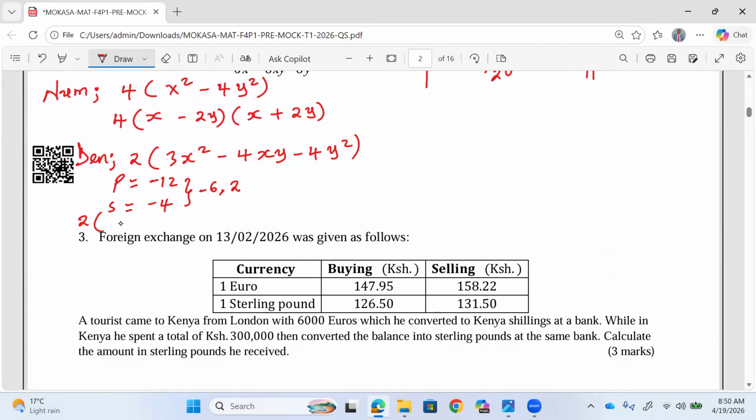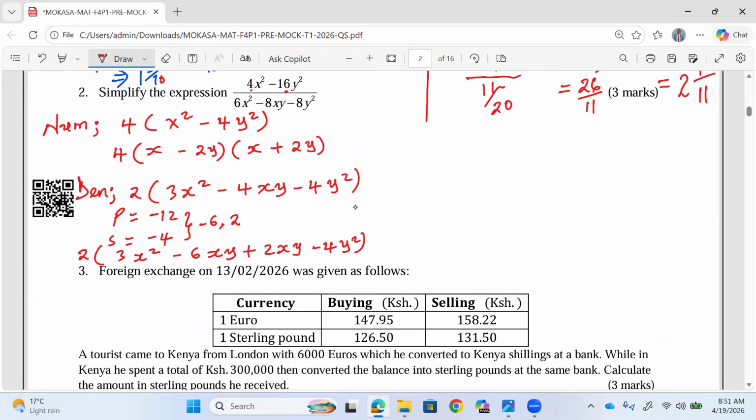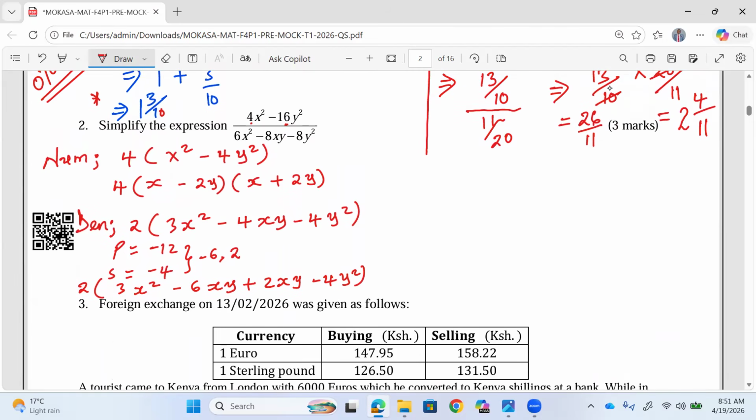Remember, we are having a 2 here. So we shall have 3x squared, then minus 6xy, plus 2xy. See that? We have replaced negative 4 with negative 6 and a positive 2, minus 4y squared, like that. So we can further factorize.